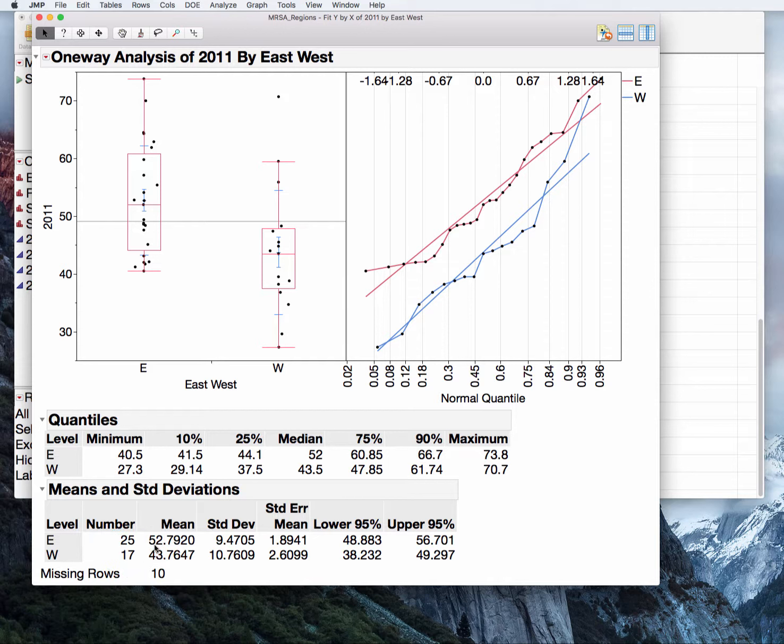We can see that the mean percentage for Eastern states for antibiotic-resistant MRSA is 52.8. We can see that for the Western, it's 43.8. So there's about a 9-point difference here. And we are showing the standard deviations, which is how we describe the sample. We have the standard errors because those are used for the 95% confidence intervals.